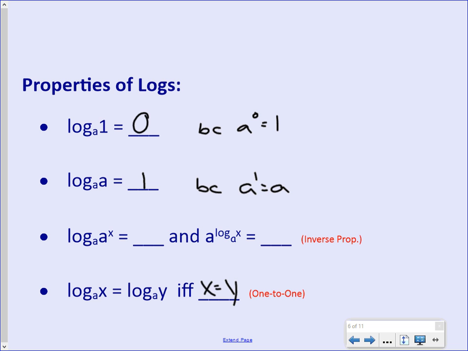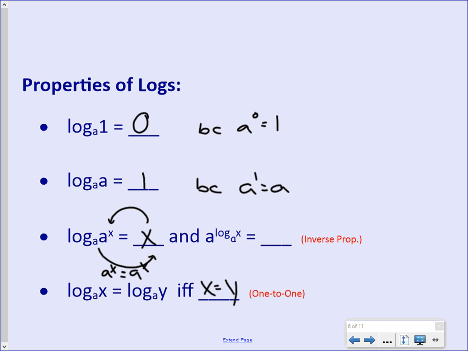Does anybody think they have an answer for either one of these inverse properties, McKenna? It would be equal to x. Okay, think about this. This is in logarithmic form, so we could rewrite it using our circle method. A to the x is equal to A to the x. True?